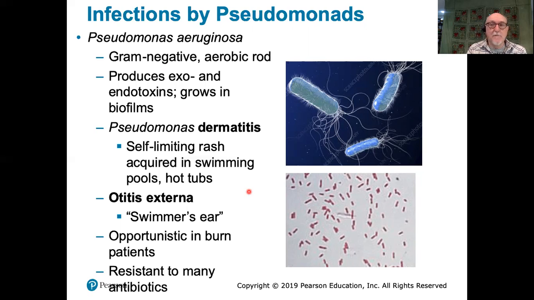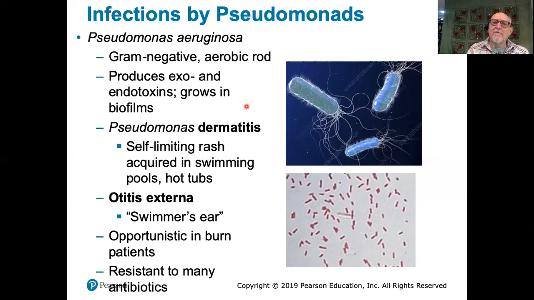It's resistant to many, many antibiotics, it just has natural resistance. This is not acquired resistance. And it causes tremendous problems because it has various exotoxins and endotoxins that it can release, which cause disease.